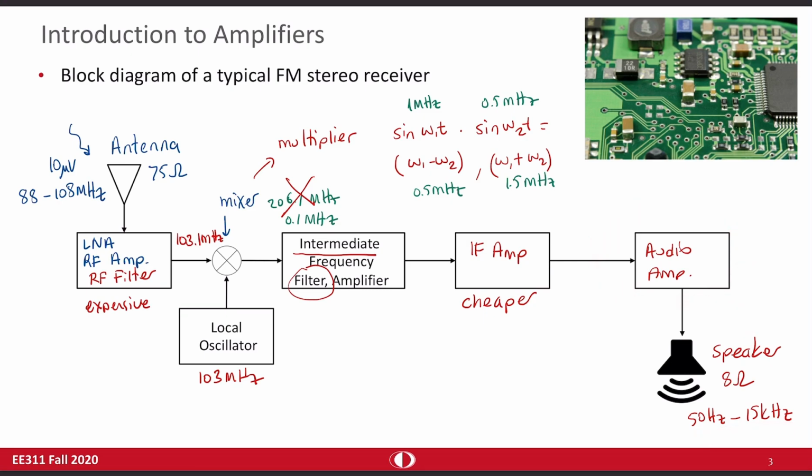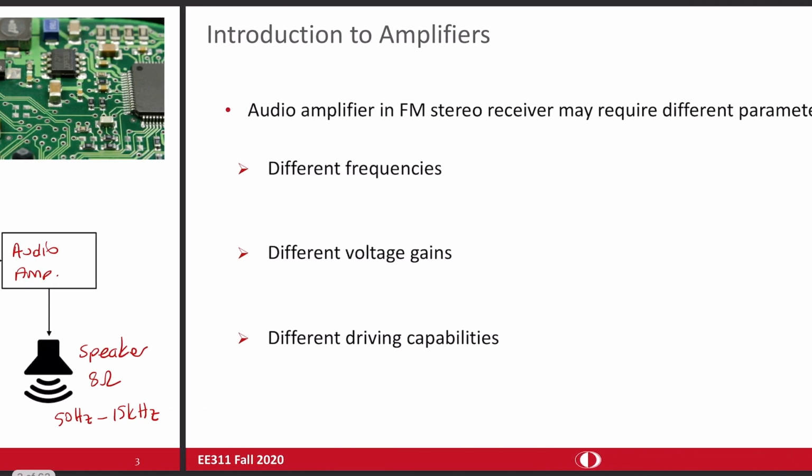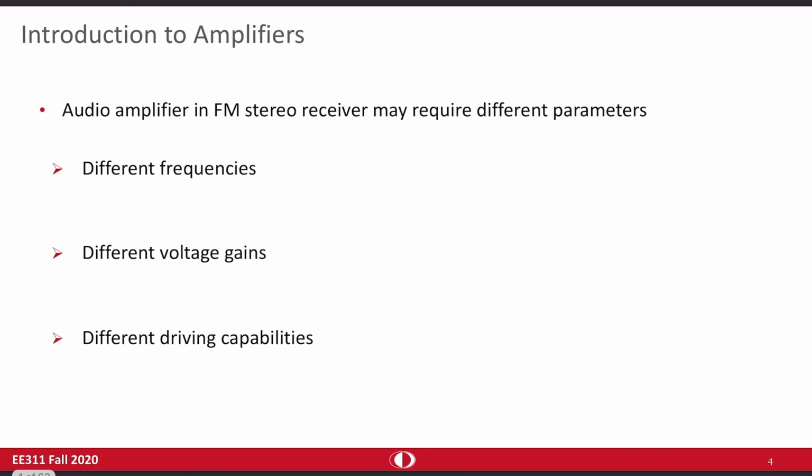So the moral of the story is this. When you are dealing with these amplifiers, the requirements may change. They may operate at different frequencies like RF, intermediate, or audio band. It depends on the application. You may need different types of voltage gains.